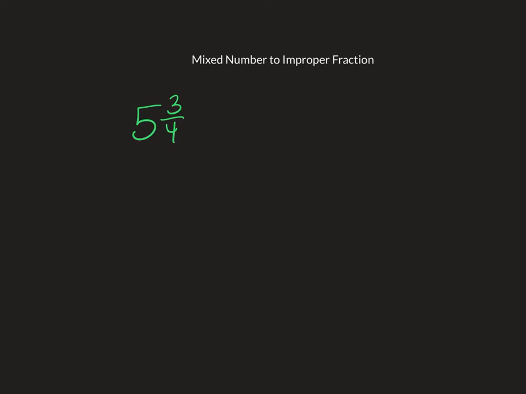Now let's talk about converting a mixed number to an improper fraction. Here we have 5 and 3/4. So that's 5 wholes and 3/4 of the next whole. We know that these wholes are cut into fourths.